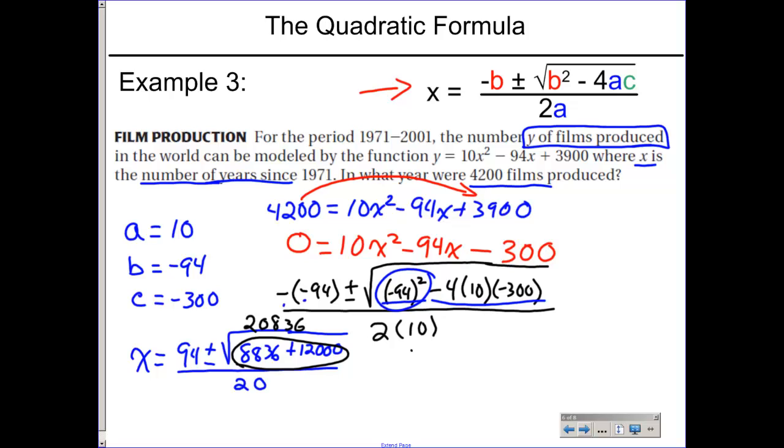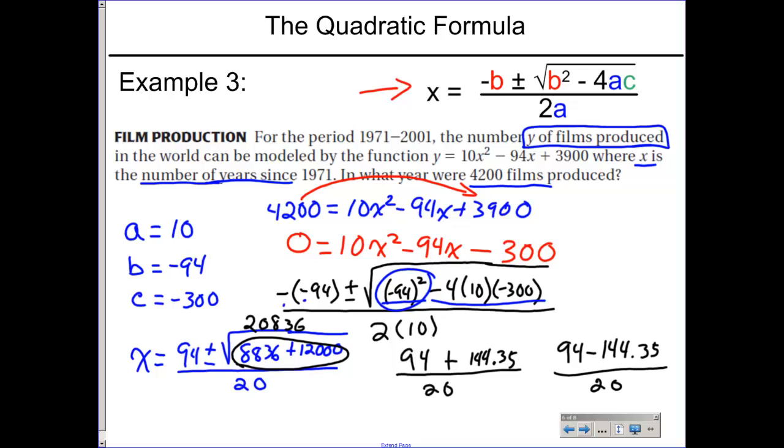So it's going to be 94 plus, now let's do the square root of 20,836, and that's approximately 144.35 over 20. And the other answer will come from 94 minus 144.35 over 20. And use your calculator to solve for both.